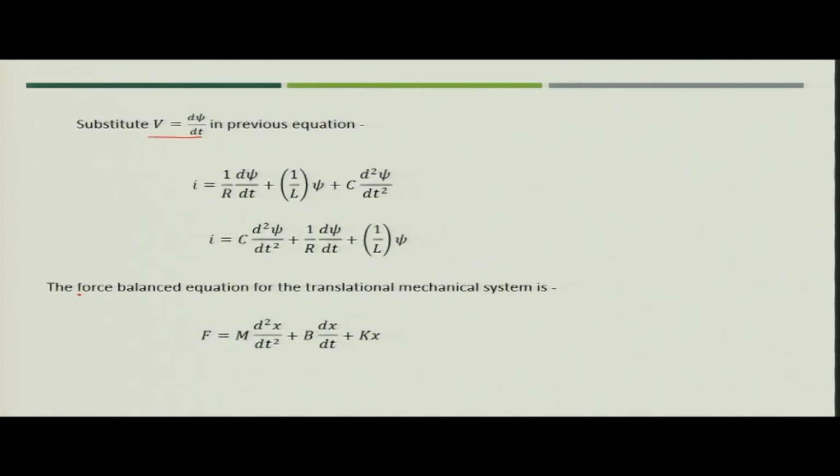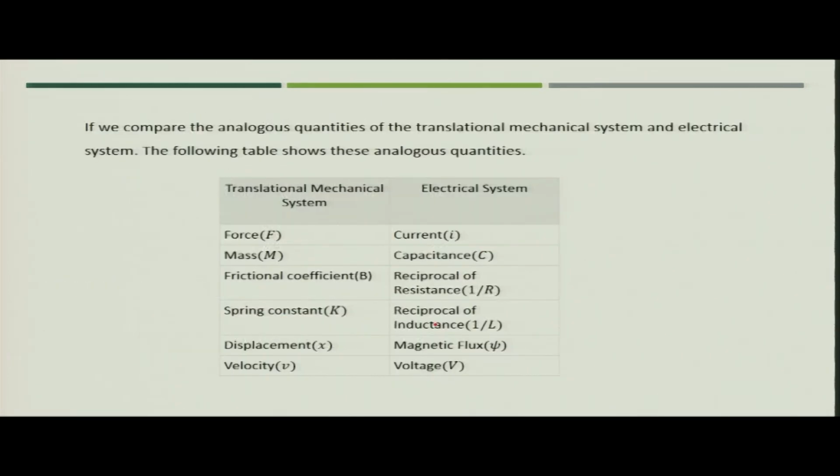Now, the force balance equation for the translational mechanical system, which we derived yesterday in the class, is force F equal to m d 2 x by dt 2 plus b dx by dt plus k x. If you compare these two equations, we get the analogous quantities of the translational mechanical system and the electrical system.